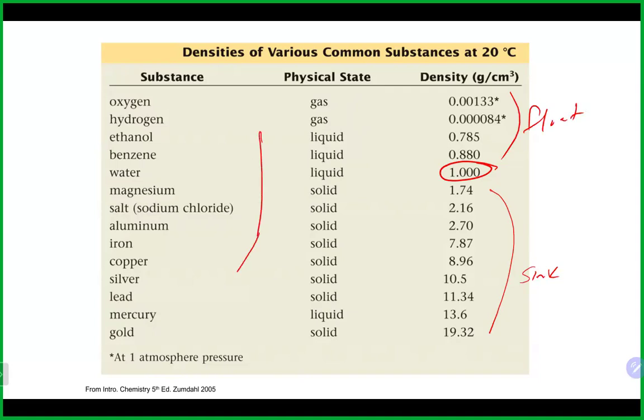Now, what happens if I put a bunch of different liquids into a graduated cylinder and they had different densities, and I put some type of solid object in there and it just hung out right about there? That would mean the solid object is more or less dense than the top layer? Yeah, it's more dense because it's below the top layer, right? And this solid object then would be more or less dense than the bottom layer?